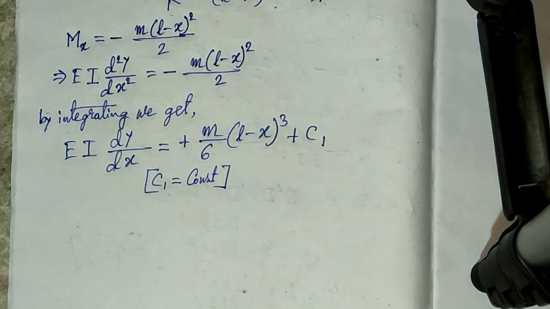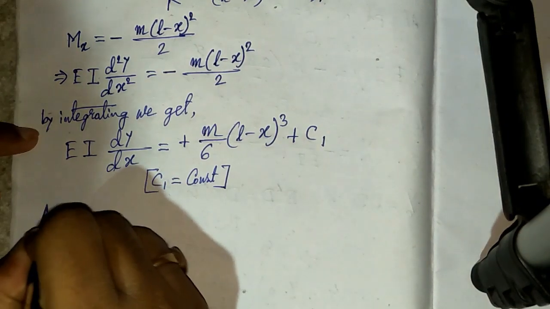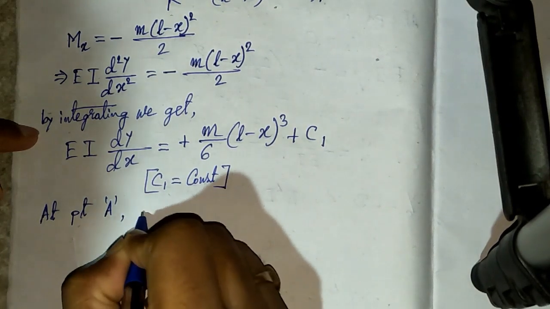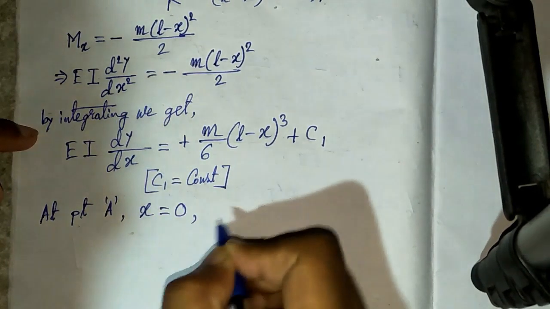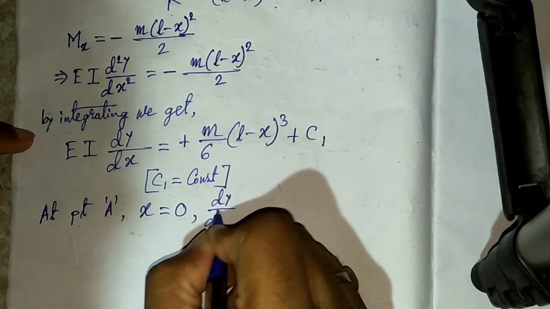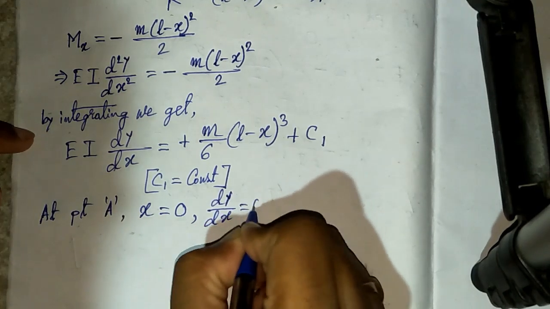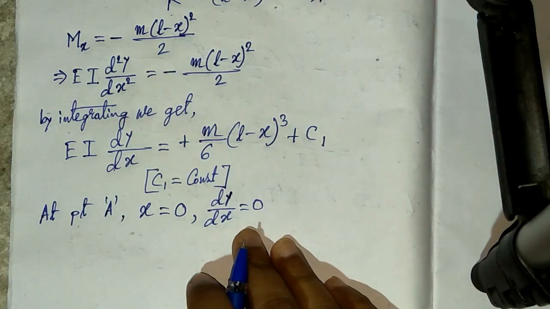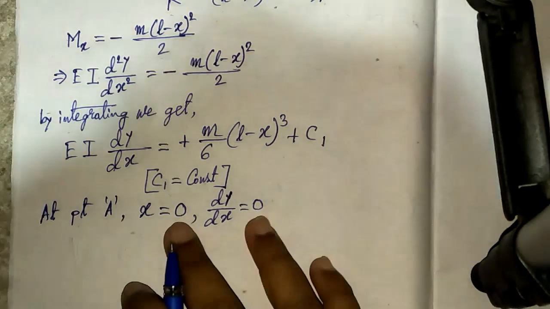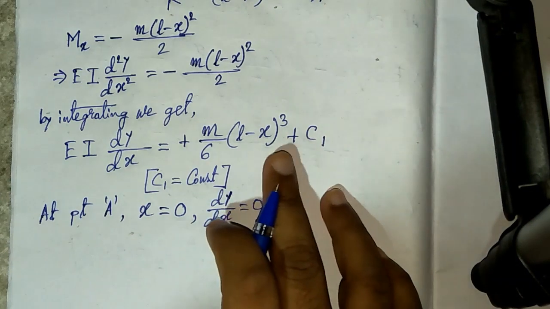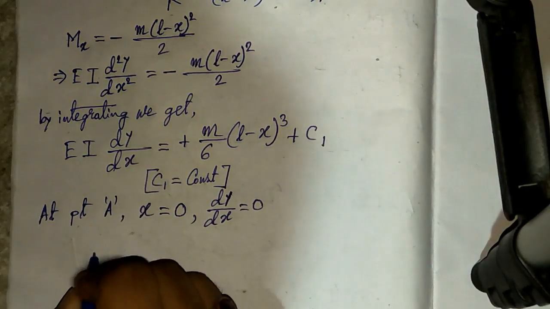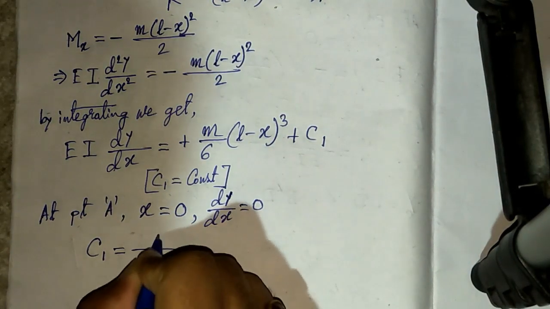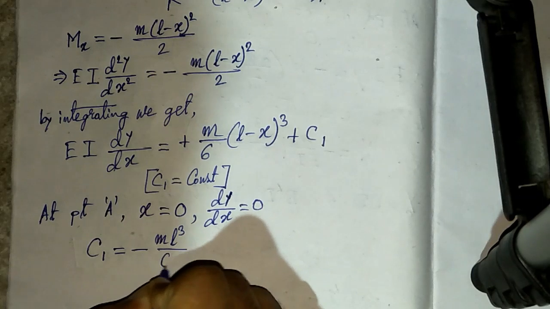At the fixed point A, the x value is 0 and the slope, dy by dx, is also 0. By substituting these values, x equals 0 and dy by dx equals 0, into the above equation, we get c1 equals minus w L cube by 6.